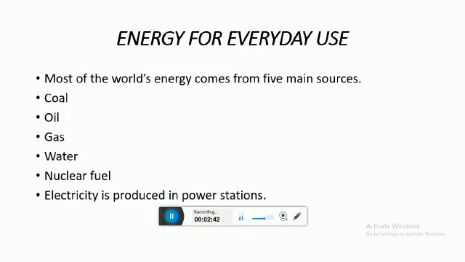At a thermal power station we use coal, oil, or gas, and at a nuclear power station we use nuclear fuel like uranium to produce electricity. So, in short, electricity is produced at power stations.